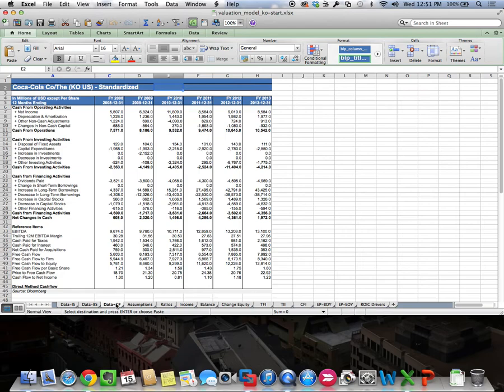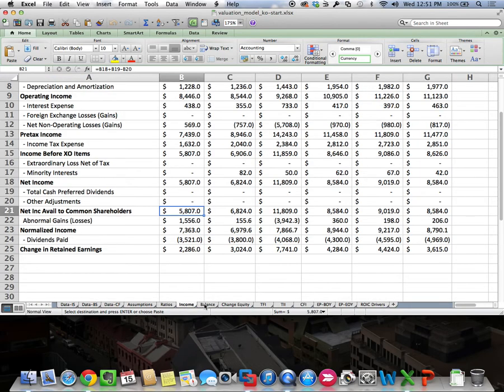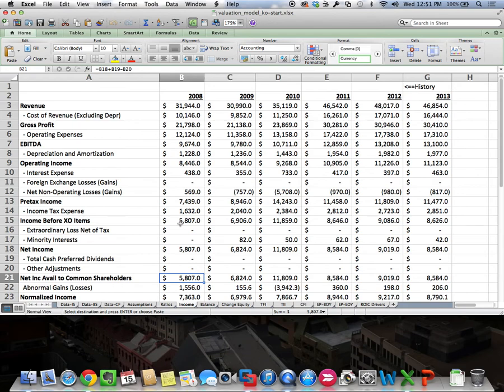Now, the next tab I want to talk about is the income and the balance tab. That's what they actually infer, which income stands for the income statement and balance stands for the balance sheet. So we're going to recreate the income statement and balance sheet in the income and balance tab. Now I've already done that. So this is the Bloomberg formatted standardized income statement.